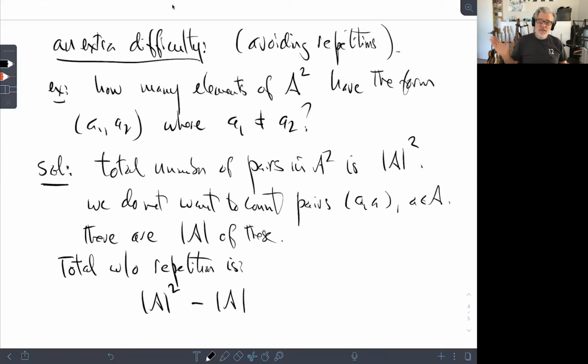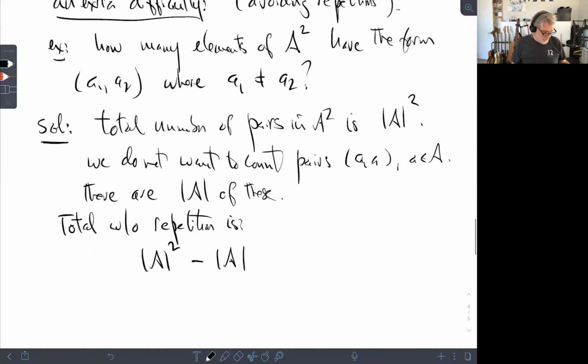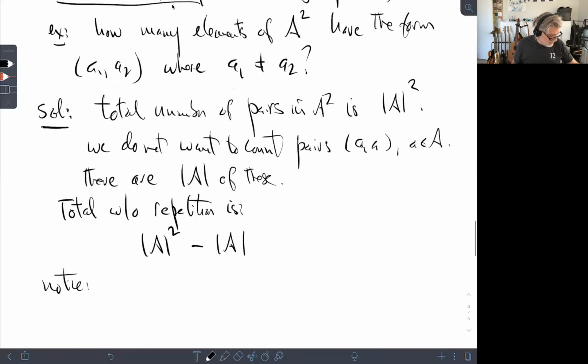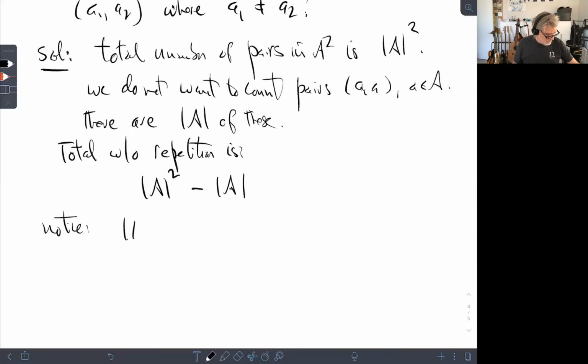So that's the total number. Now, there's a completely different way of seeing this. If you look at size of A squared minus size of A, this can be rewritten as follows. I can factor out size of A. This is size of A times size of A minus 1, which actually shows you another way of seeing this.